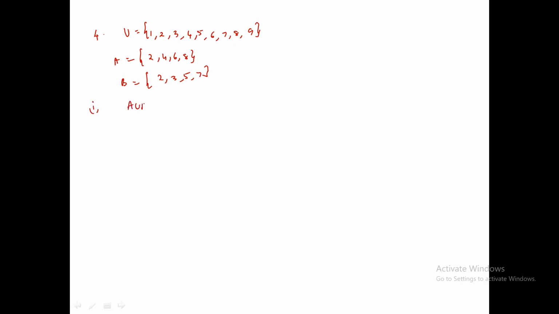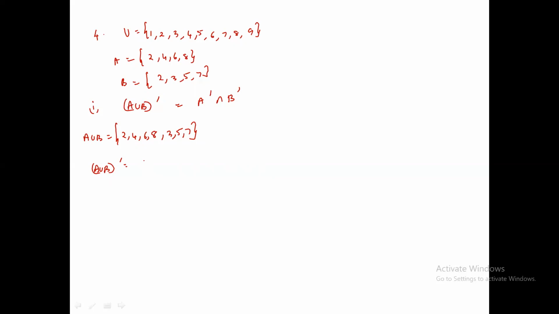First, you have to verify that A union B whole dash is A dash intersection B dash. So I will write A union B. I will write the elements of A, then elements of B. That is 3, 5, 7. Then I will take A union B whole dash.